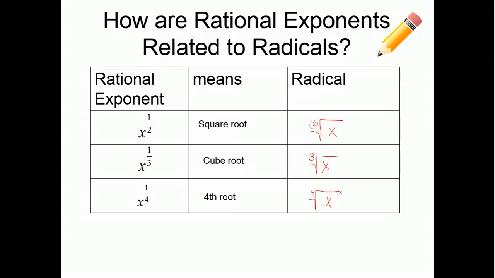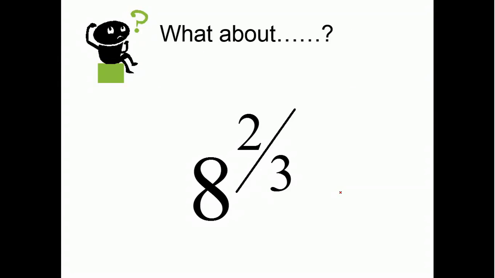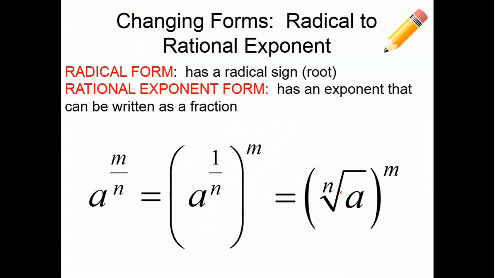But now, what about something that has a fractional exponent, something like 8 to the 2/3 power? How on earth are we going to figure out what that is? Well, there's a pattern to it. To change forms between radicals and rational exponents, you're going to first break this m over n.